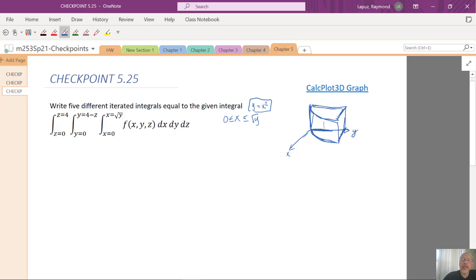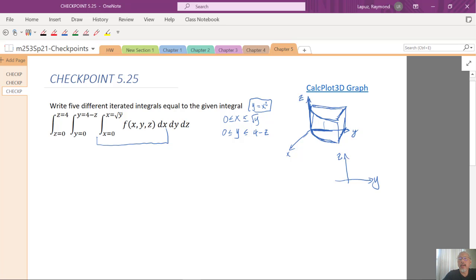So what we need to do here is restrict our view to just look at the yz plane. After you do the first inner integral here, you're going to be left with a yz plane, and the y looks like it's going to go from 0 to 4 minus z.